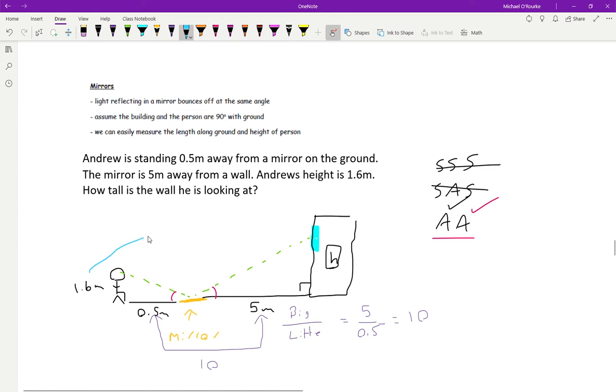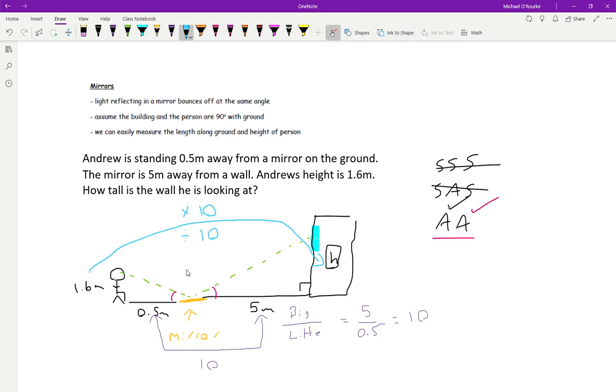So now, what are we going to do to get the height? We know Andrew's height. How are we going to find the height of the building? Our number is 10. Are we going to multiply or divide?